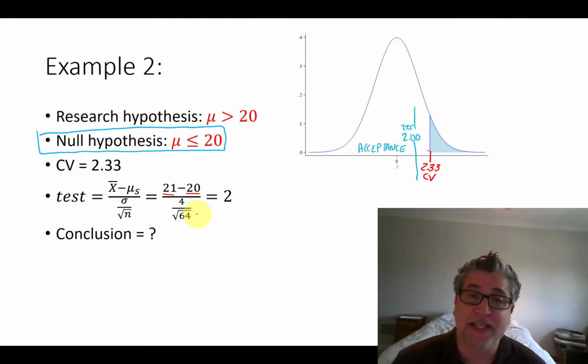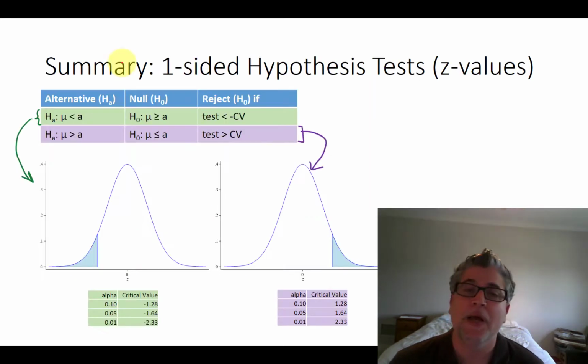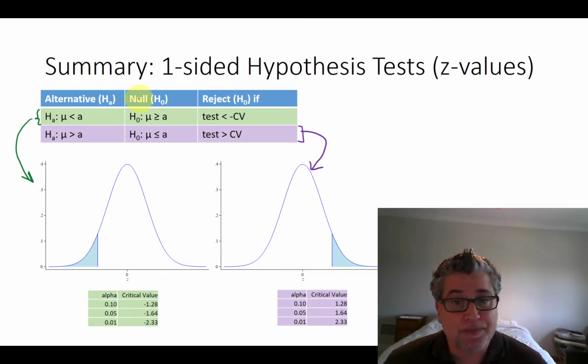Anyway, that's it. That's how you do less-than or greater-than research hypotheses. Let's just summarize what we've seen. We have one-sided hypothesis tests. We have the alternative, that's our research hypothesis, and our null.